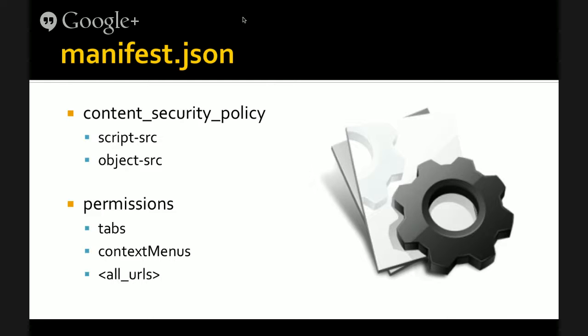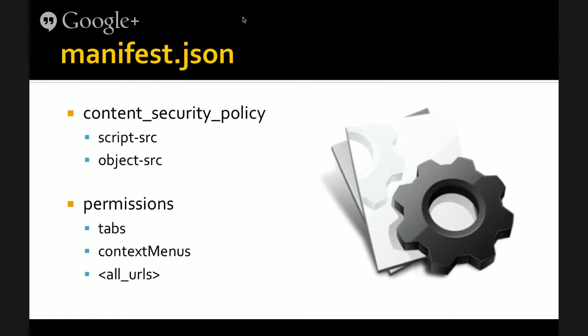The two main bits I want to highlight relate to security, where your Chrome extension forces you to tell it what permissions you want to grant the extension. So there are things like script source and object source for permissions.